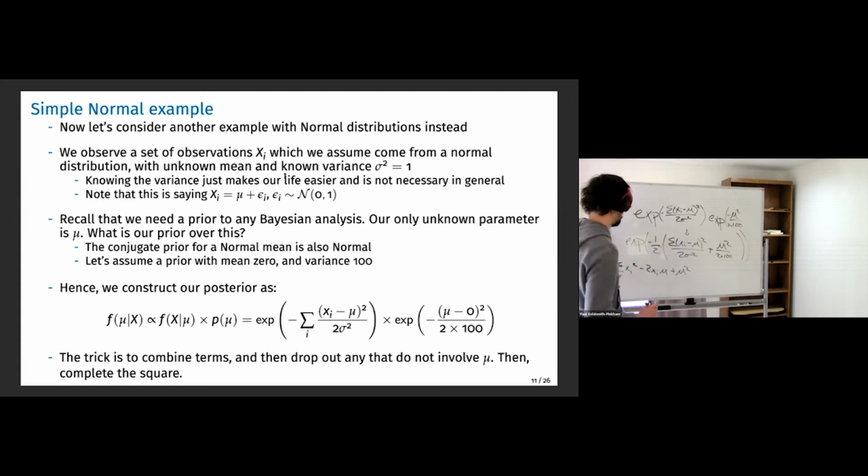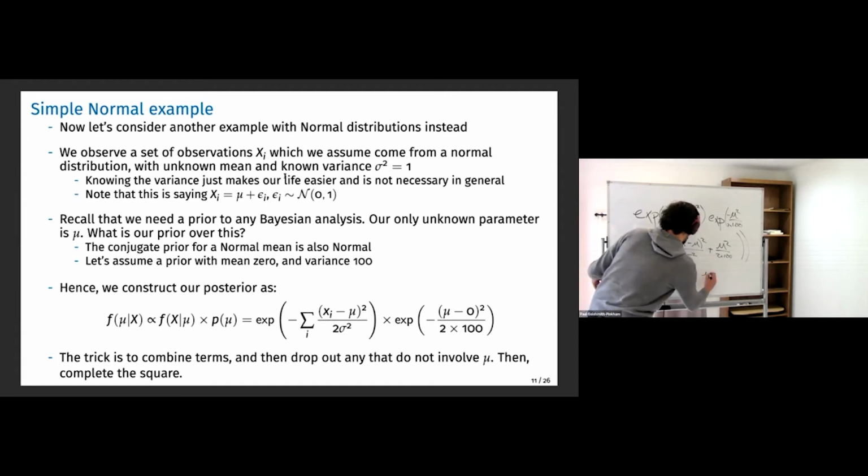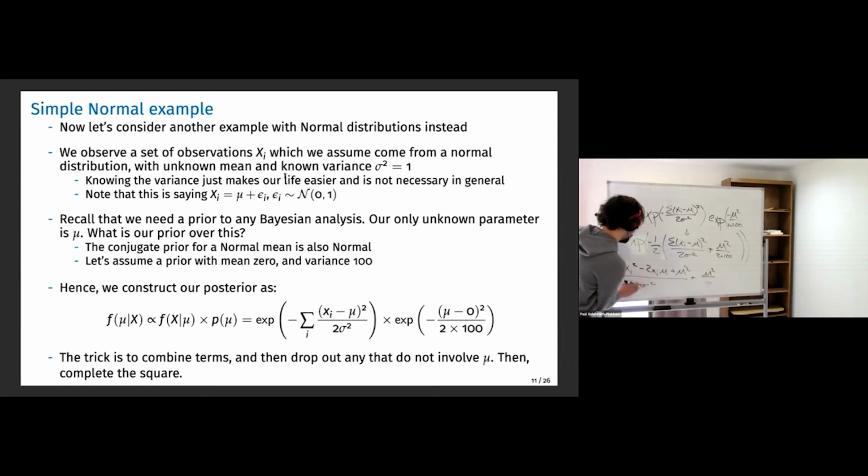And then we should have divided by sigma squared plus mu squared over 100. I forgot, we factored out the 2. All you have to do is keep track of the things that have mu's in them: the mu squared and the mu.